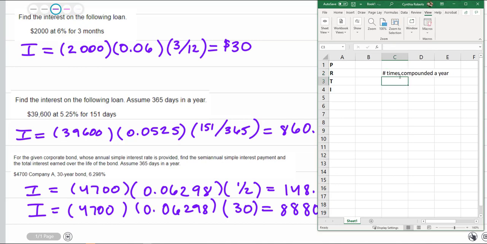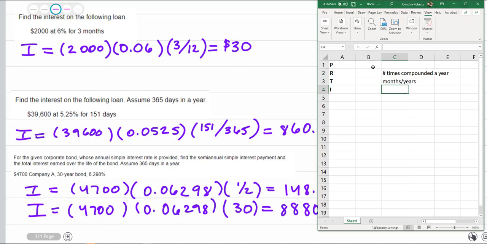And then I don't even know what to call this, the number. We're going to use it, so in other words, if it's months, however many months, years, whatever you want to call this.